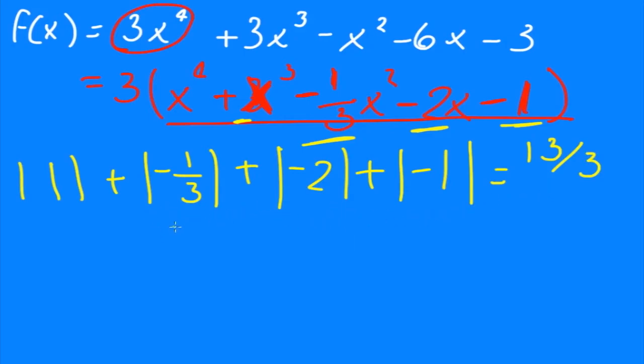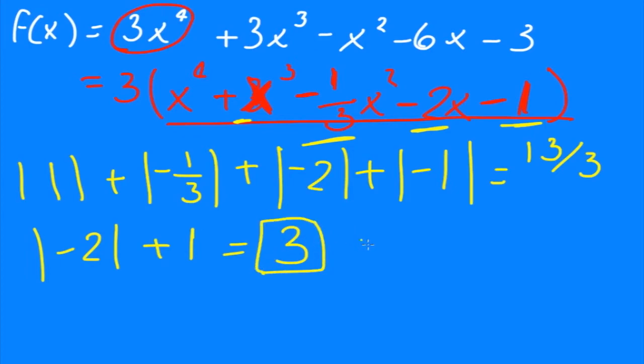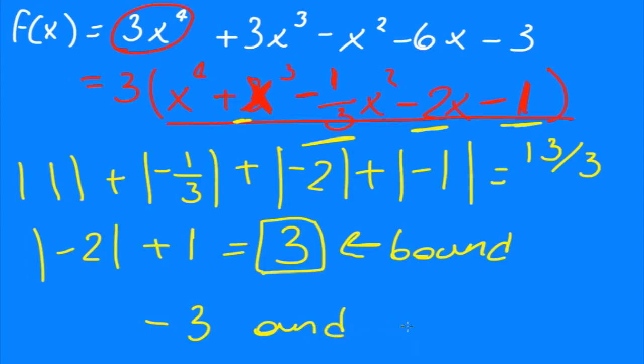Then you take the largest number, which is 2. The absolute value of -2 plus 1 equals 3. 13 over 3 is larger than 3, so 3 is your smaller number and your bound. That means all zeros of f lie between -3 and 3.